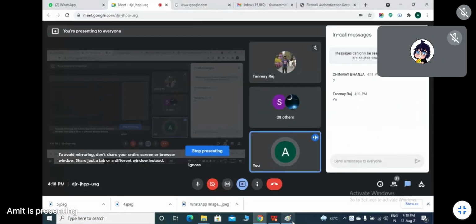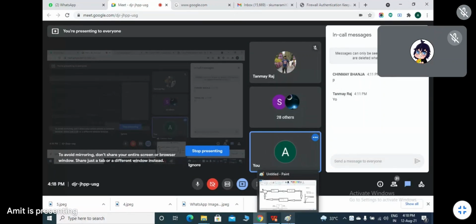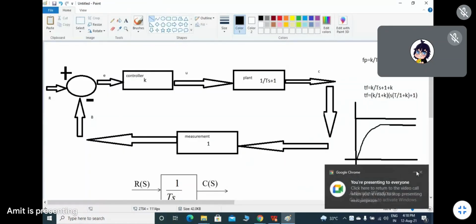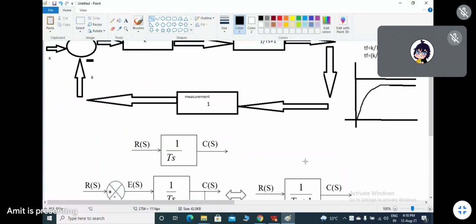So from there you can observe that when you increase your gain, its natural frequency will increase. Suppose the step response of your system is like this, and it is settling at some point.